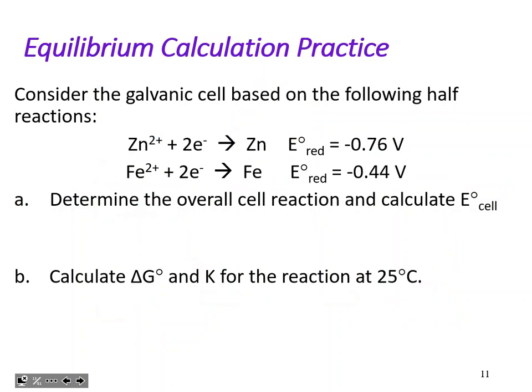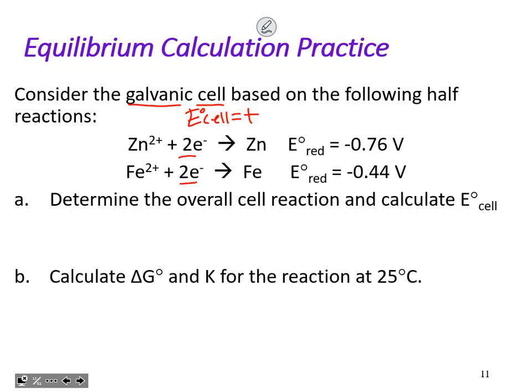Like for example, for this particular problem, let's take a look here. Consider the galvanic cell based on the following half reactions. So this is a galvanic cell. It tells me that, so I know in that respect the E cell needs to be positive. It needs to be thermodynamically favored. So when I look at my two reactions here, which kindly are already balanced because we have 2 electrons already in there, so it's already ready to go.